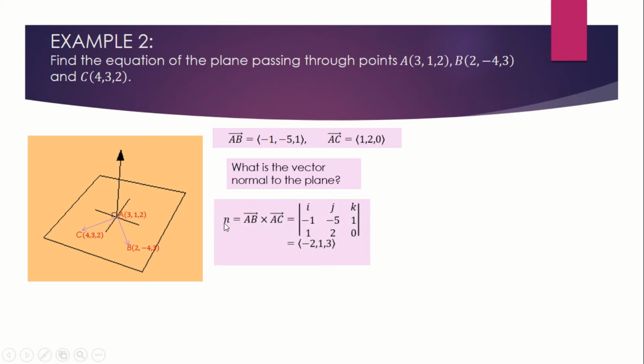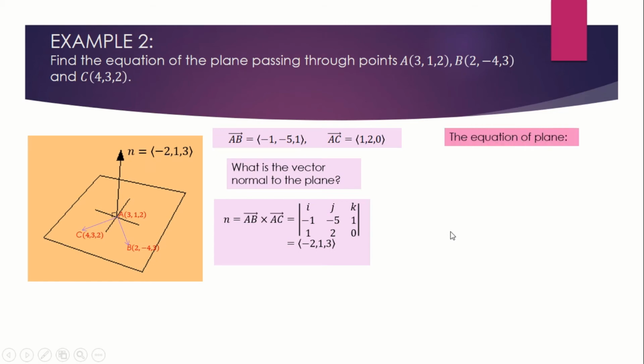If you still remember when we discussed the cross product last time, if we do the cross product of two vectors, we will get a vector normal to both. So the normal vector of the plane is given by AB cross AC, and after we calculate, we get the normal vector (negative 2, 1, 3).